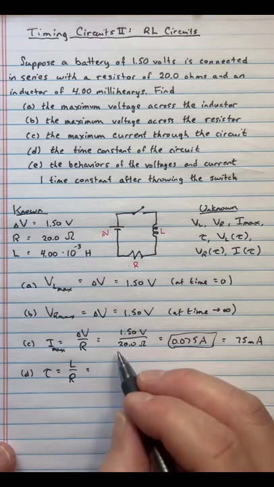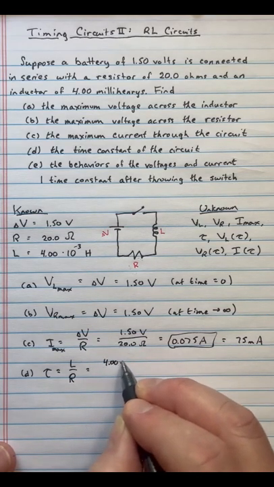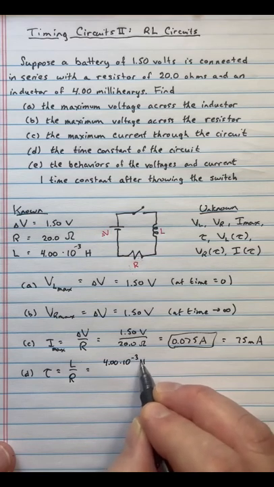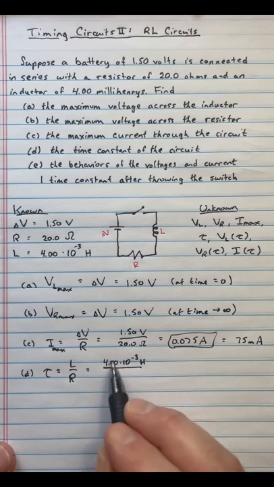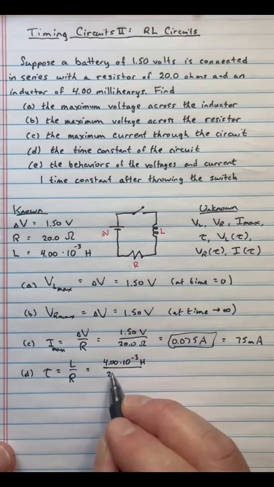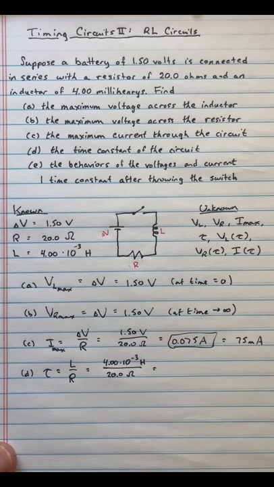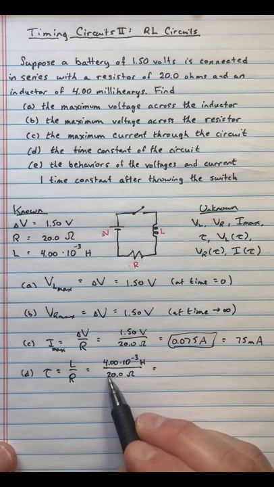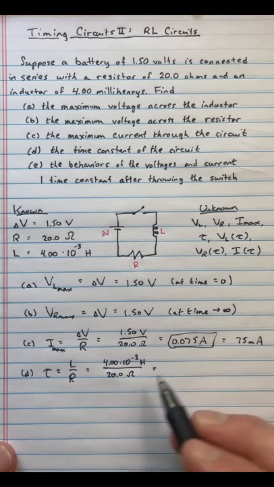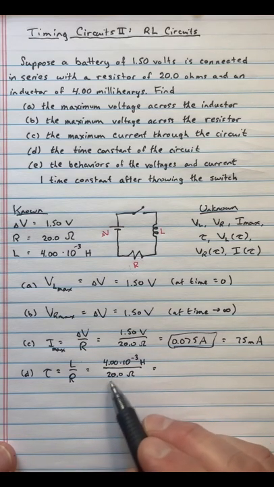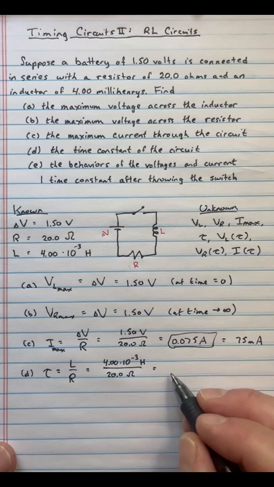And what is that? That's 4 times 10 to the minus third henries, 4 millihenries, but written in standard, right? And 20 ohms, like that. Okay, so that means 4 divided by 20 is 0.05 times 10 to the minus third.